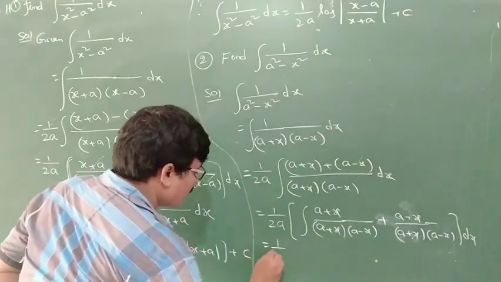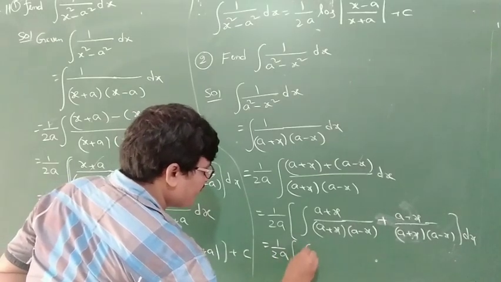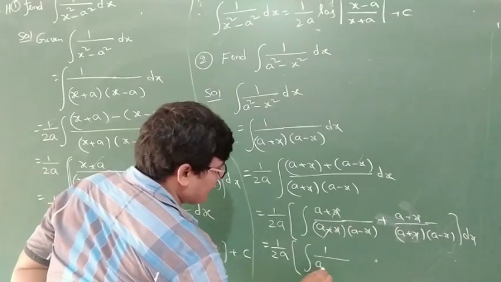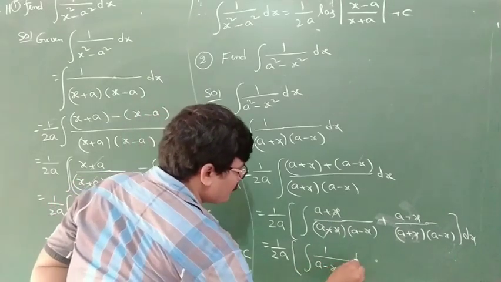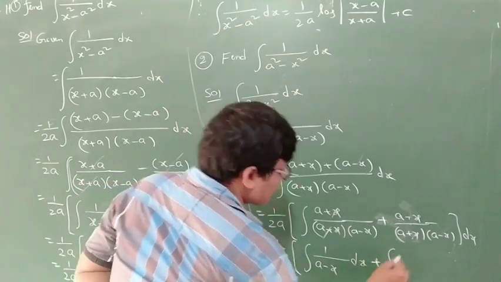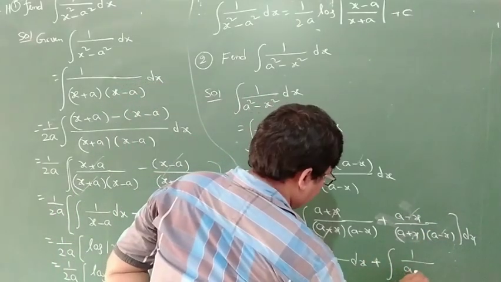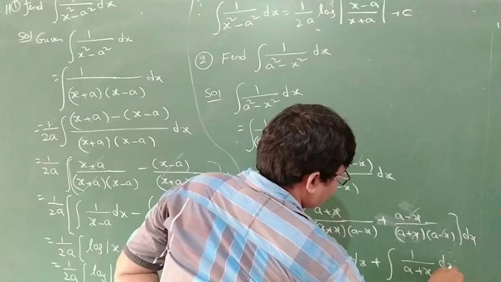So that is equal to 1 by 2a into integral 1 by a minus x dx plus integral 1 by a plus x dx.